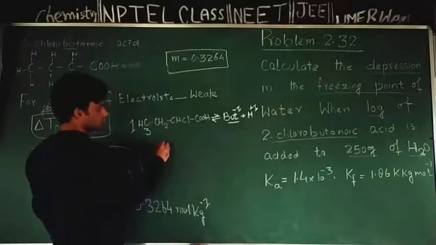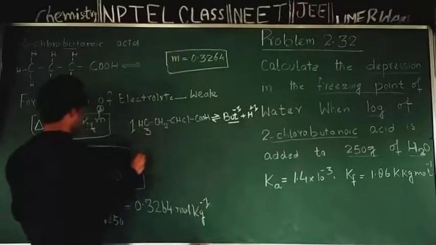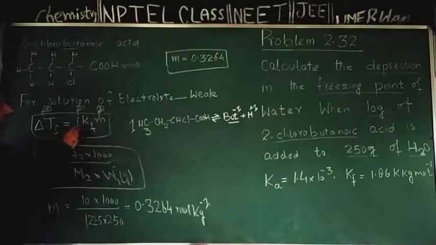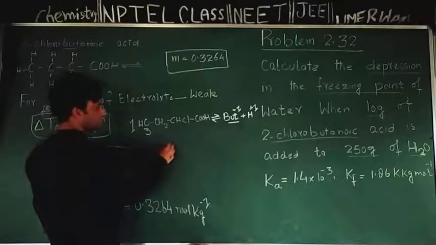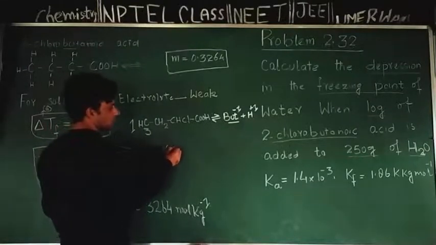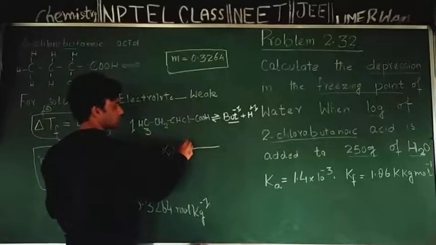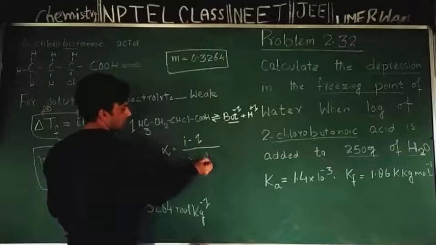And for electrolyte there is a relation that relates Van't Hoff factor I with degree of dissociation, and that equation is alpha is equal to I minus 1 divided by n minus 1.